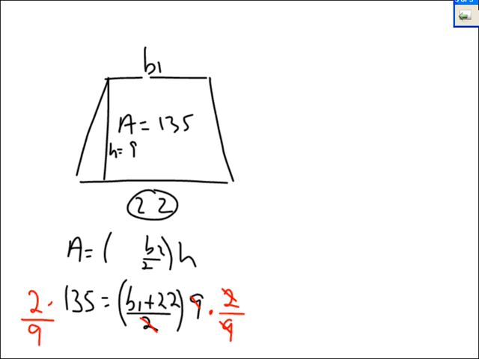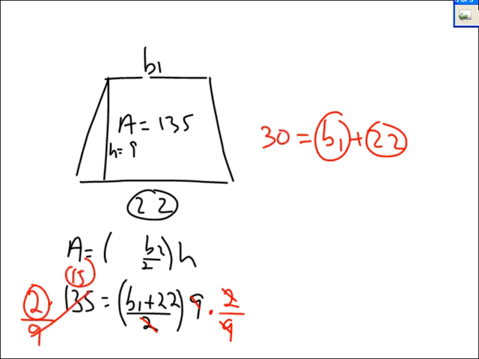And 9 times 15 is 135. That is, 9 goes into 135 15 times. So 2 times 15 is 30, and it equals B1 plus 22. What number, when you add 22 to it, gives you 30? You really should know that. 22 plus 8 is 30. So B1 is 8. It finishes this problem as well as this section.